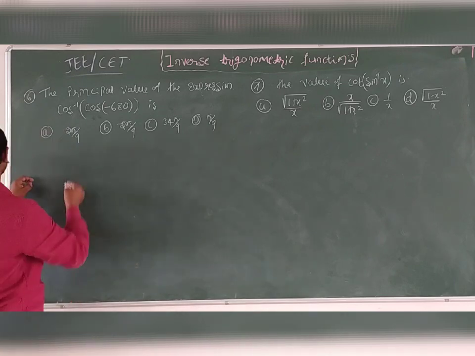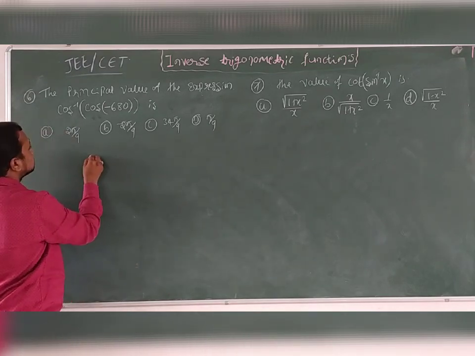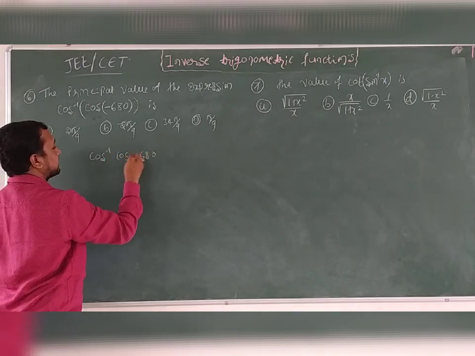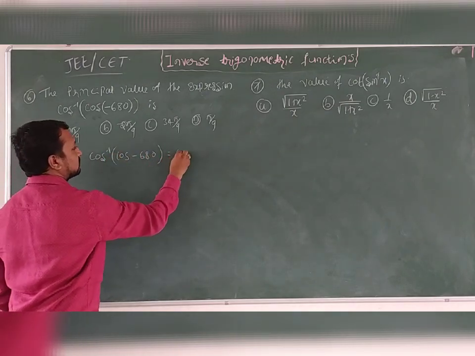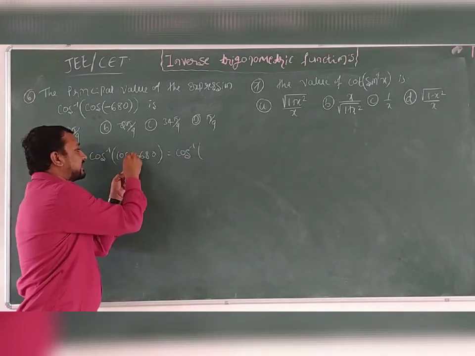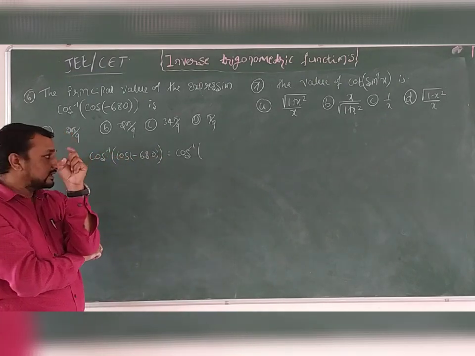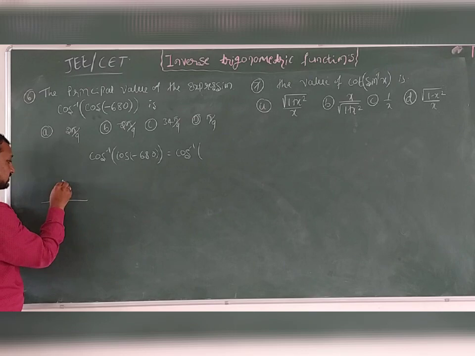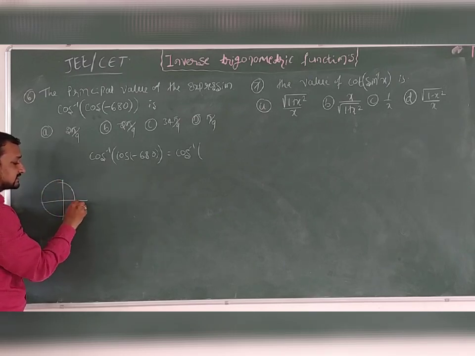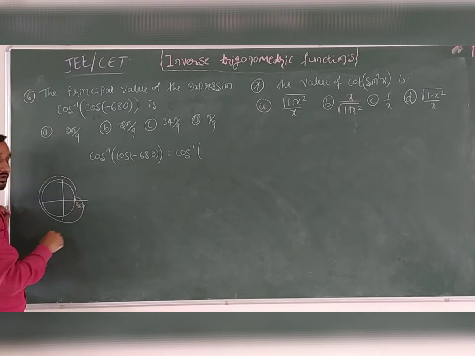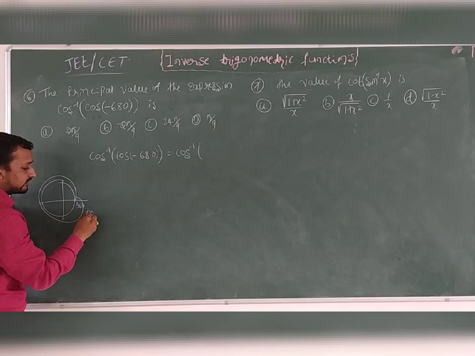So here, first of all, let us take cos inverse of cos of minus 680, and here we can use revolution.